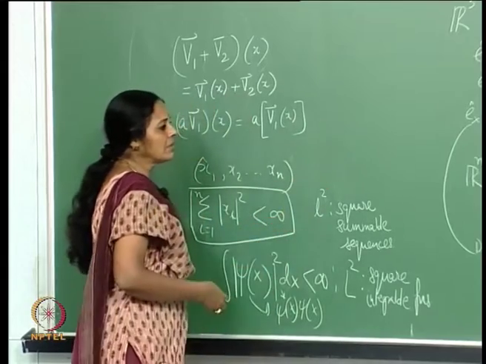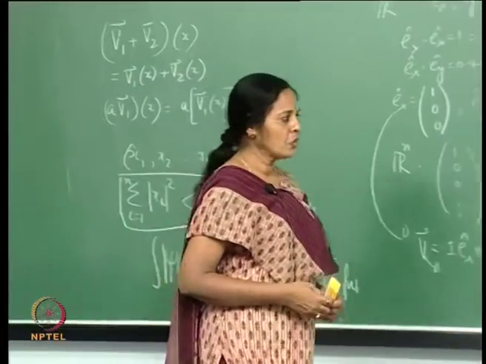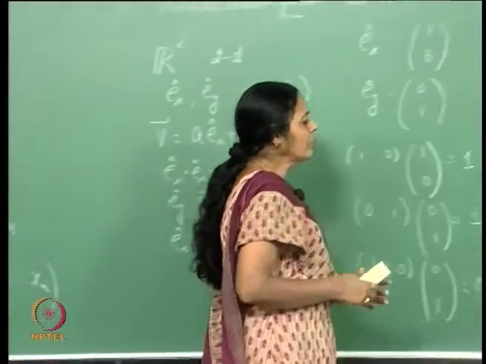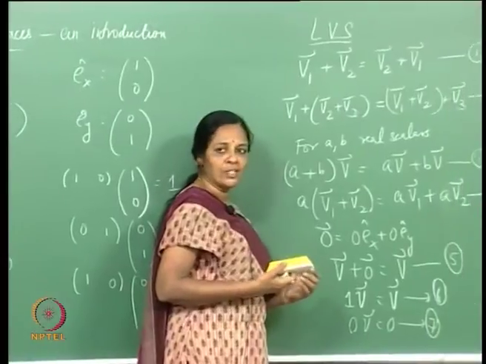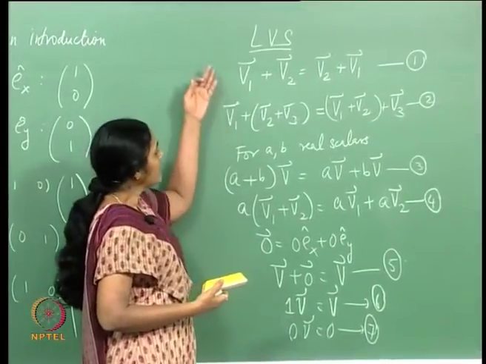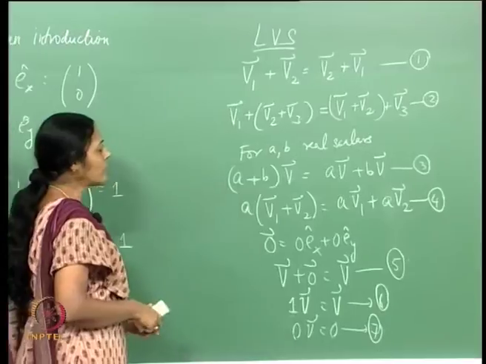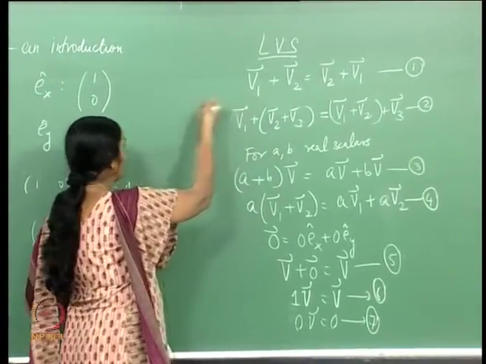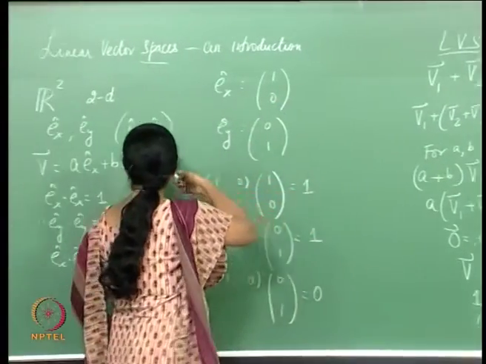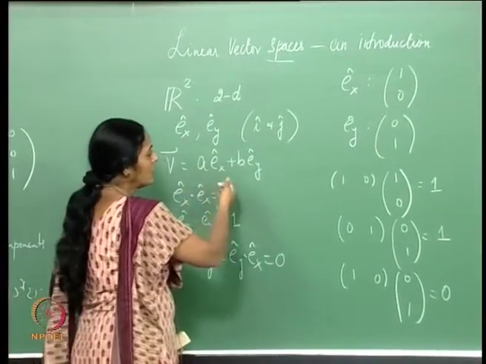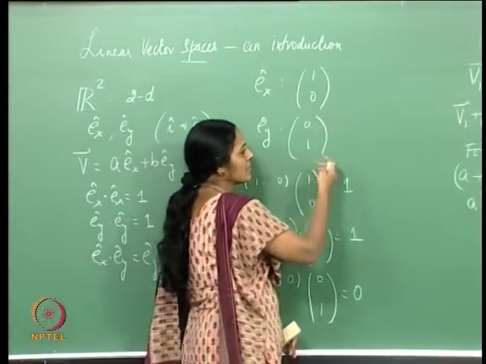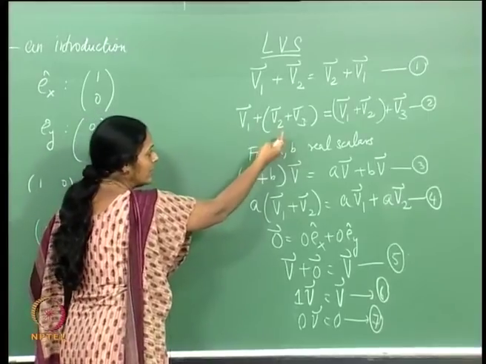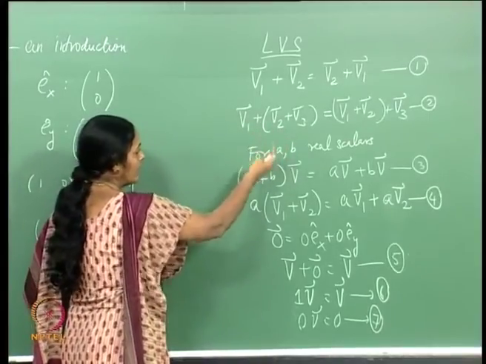So there are very many examples of linear vector spaces. The point is, one should be able to define addition and multiplication by scalars in such a fashion that these properties are satisfied, be they vectors of the kind that we know of in R2, or columns or functions. We should be able to define addition of functions and so on.